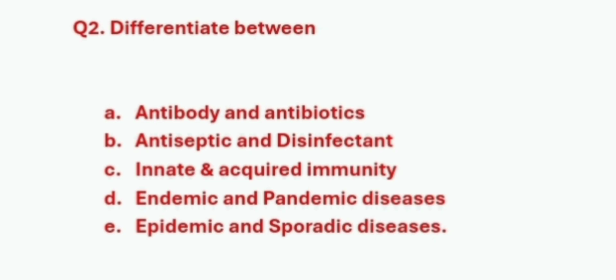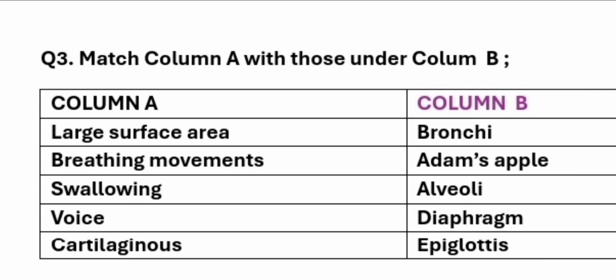Coming to question number 3, which is an easier one, with matching. You have column A and column B. Under column A, you have certain terminologies or sentences which you have to match to the perfect terms given in column B. Only column B is supposed to be shifted.